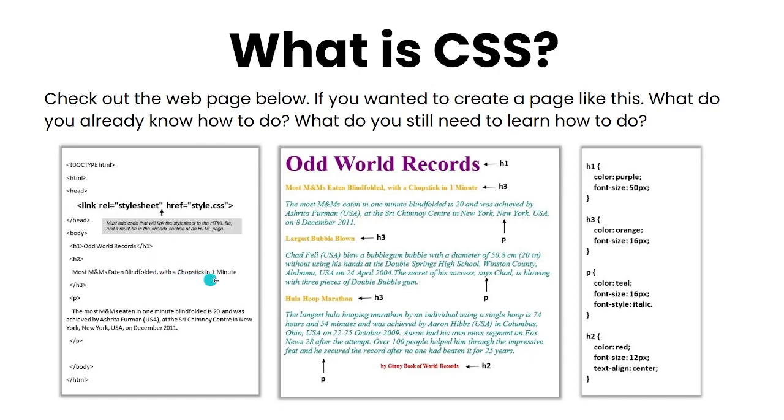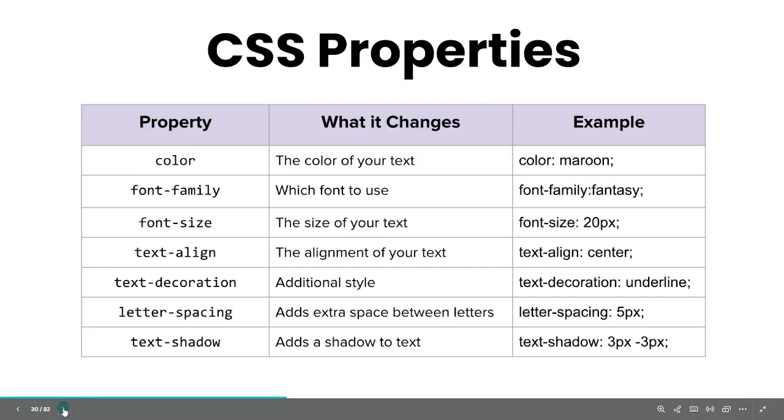Here's an H3 right here where it says most M&Ms, and H3 has been styled to orange, font size 16. The paragraphs, all three of these paragraphs are now styled to a different color. Let's go to the next section here and we'll talk about that.